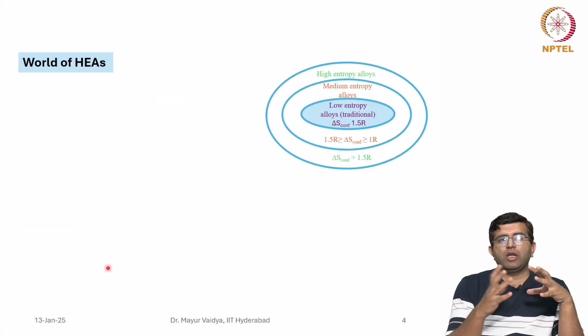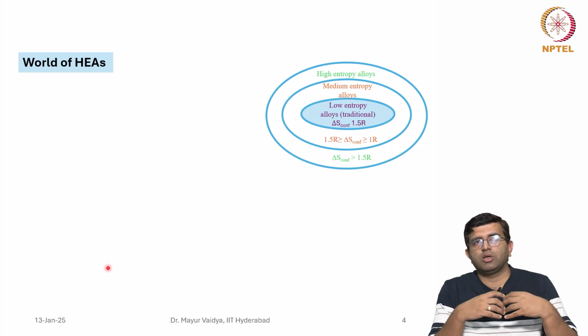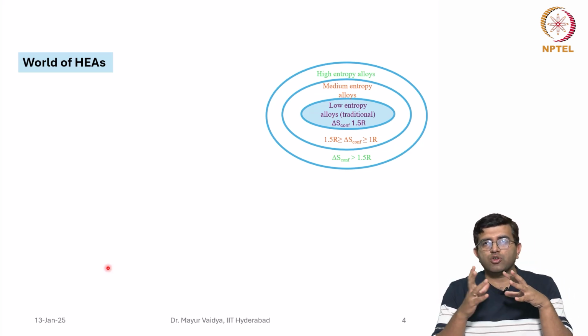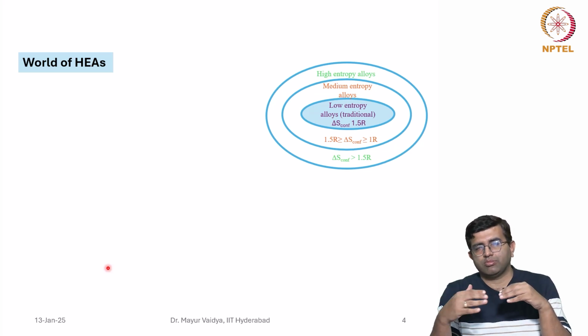Since the advent of high entropy alloys, people started talking about alloys in terms of their configurational entropy. Alloys are now talked about as low entropy alloys or traditional alloys, medium entropy alloys and high entropy alloys.